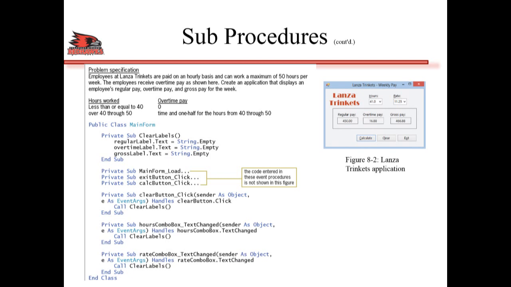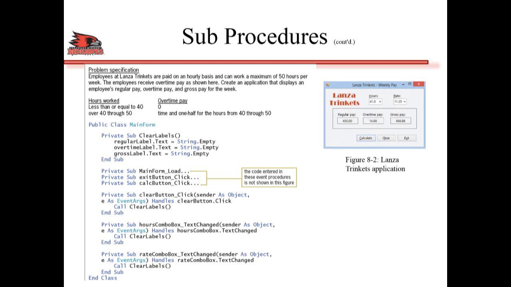We want to focus on the private sub clear labels procedure. Again, there's a difference between the private sub clear labels procedure and the clear button click event procedure. You have this private sub clear labels, with no bunch of arguments such as sender as object or e as event args.